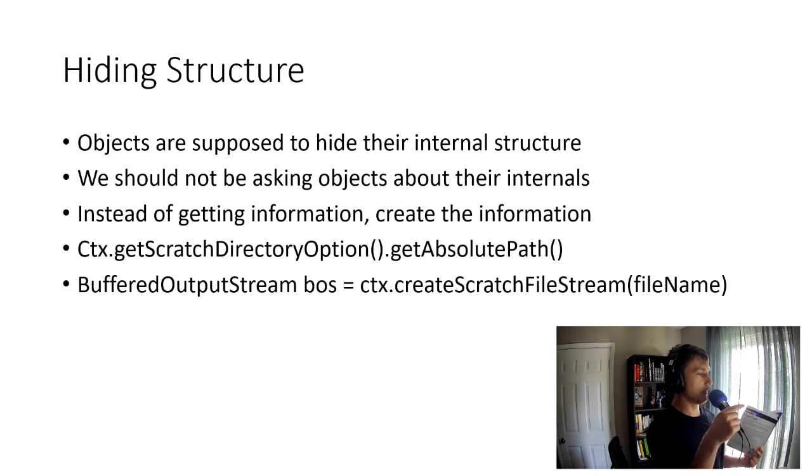So instead of getting the absolute path, why not create what you need to create? That's what Uncle Bob does in the second line with that BufferedOutputStream, because essentially he's getting the absolute path in order to create an output stream. So why not just do it all in one fell swoop? Instead of calling getAbsolutePath, call createScratchFileStream.